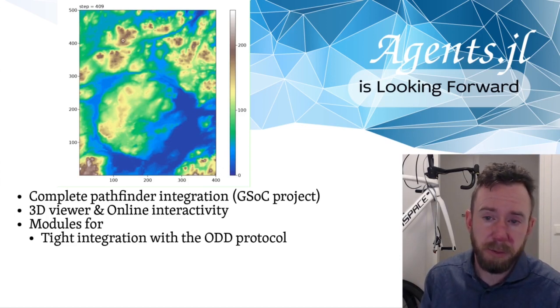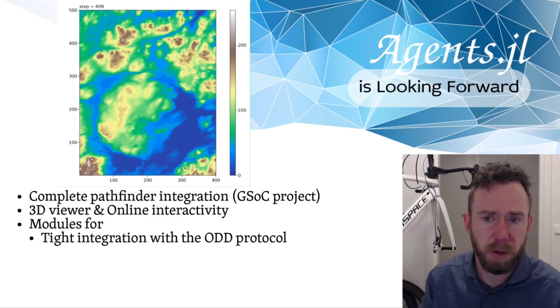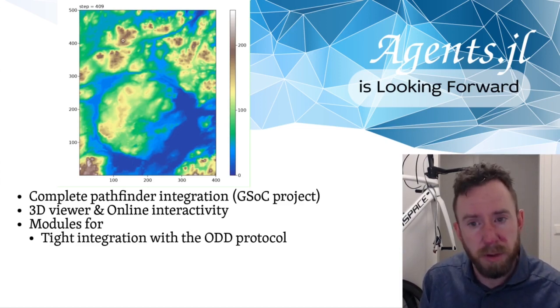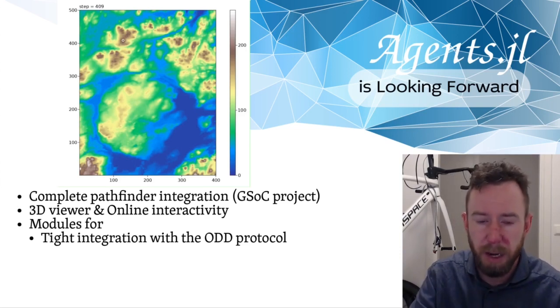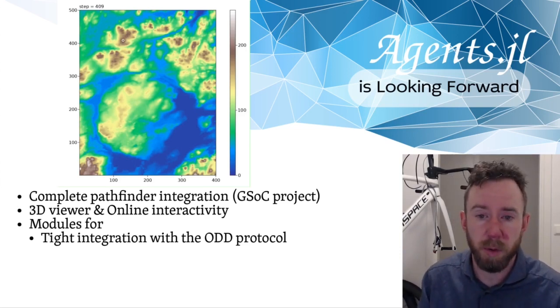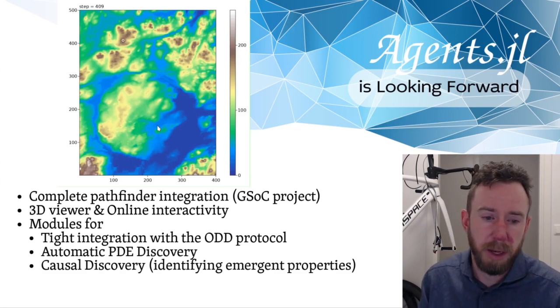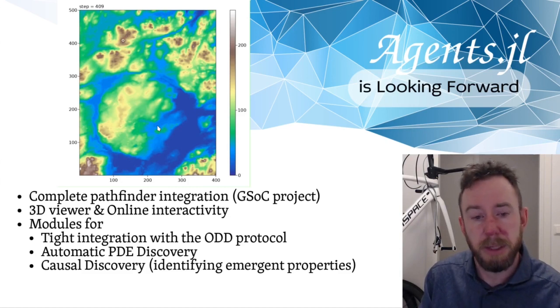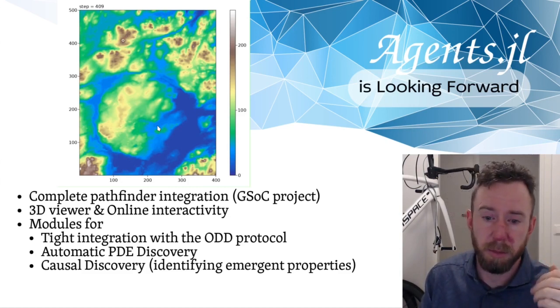And these things are quite long-winded, and it's sometimes complicated to fill them out. And with the Julia macro system, we really want to try and provide a tight integration and actually generate a lot of this protocol for you. And then we have two things that ultimately fit together in some way or another, and that is property discovery.